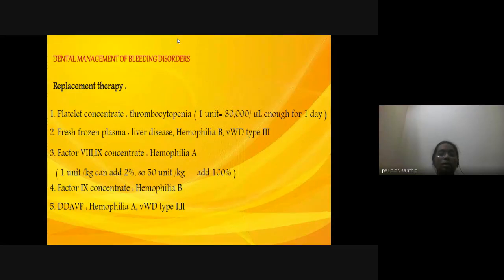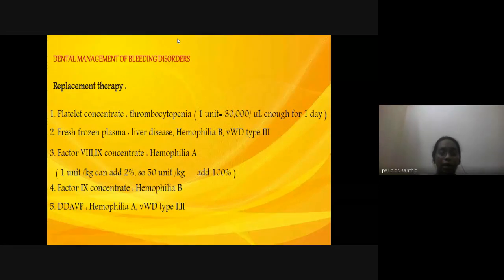In cases of bleeding disorders, for dental management, first the patient should undergo replacement therapy by platelet concentrates for thrombocytopenia patients. Fresh frozen plasma in conditions like liver disease, hemophilia A, and von Willebrand disease type 3.